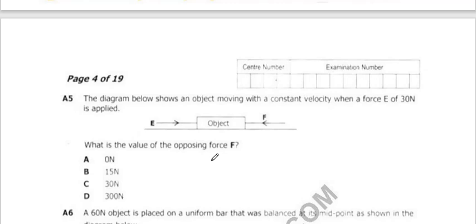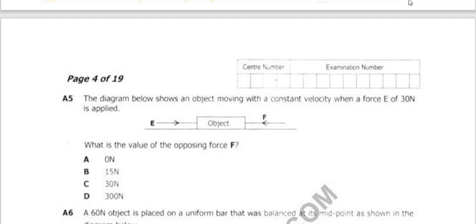Well, if you're familiar with Newton's laws, an object will remain in constant motion or will remain at rest unless acted on by a net force. So if you have a constant velocity, the object will not accelerate.